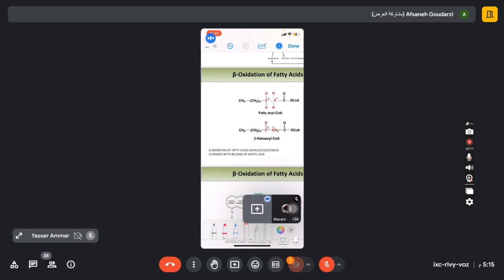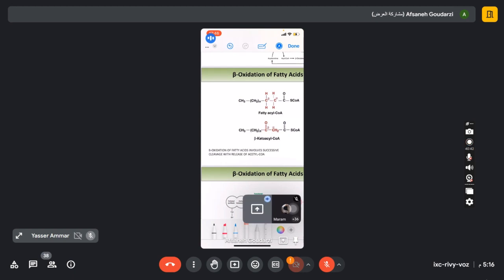But if the fatty acid has, for example, 16 carbon, 14 carbon, 12 carbon, all the product of beta oxidation is acetyl-CoA. But for fatty acids which include, for example, 13 carbon, 15 carbon, 17 carbon, 19 carbon, we do not have only acetyl-CoA as the product of fatty acid oxidation.